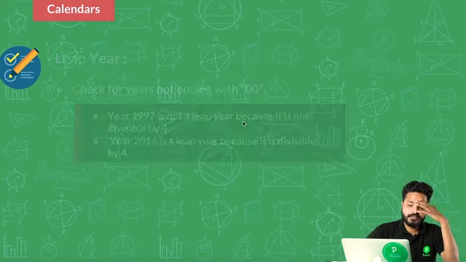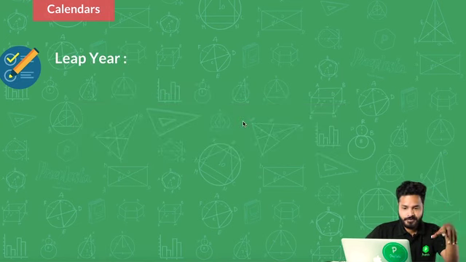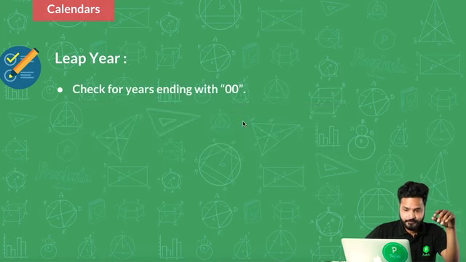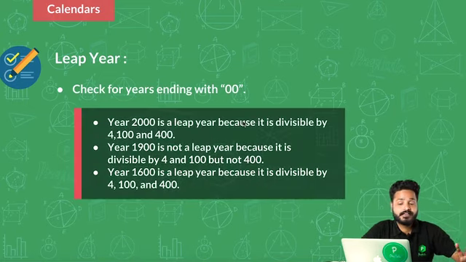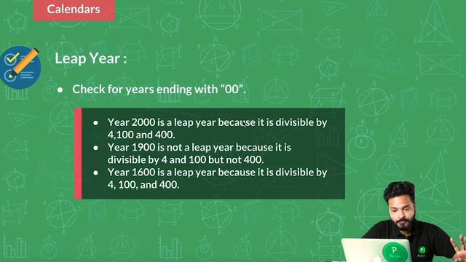Now to check for years ending with 00, so for centuries basically. 2000 is a leap year. I'll say 2000 is a leap year because it is divisible by 4. But for centuries you have to do one more check. It is divisible by 100, because yes, if the years are ending with 00, it will definitely be divisible by 100.